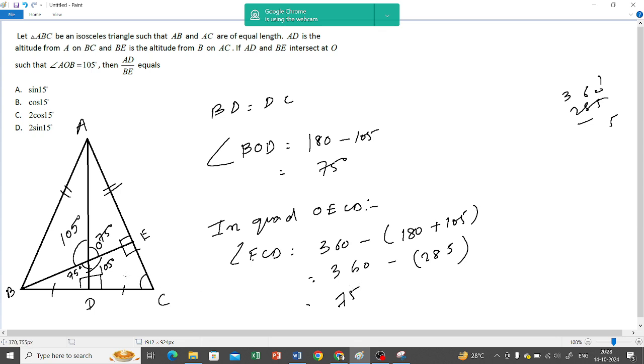So this is 75. Since AB is equal to AC, this is also 75.